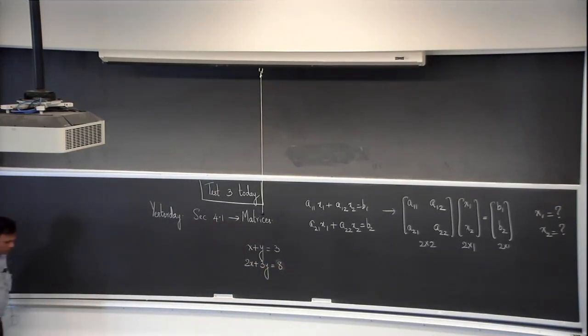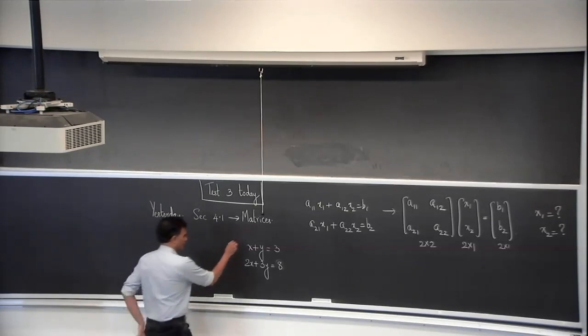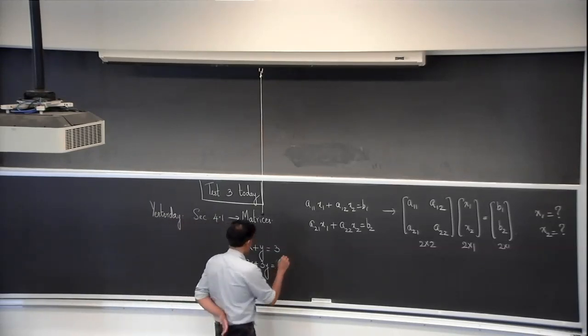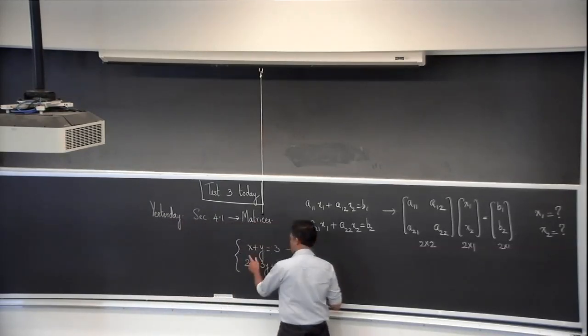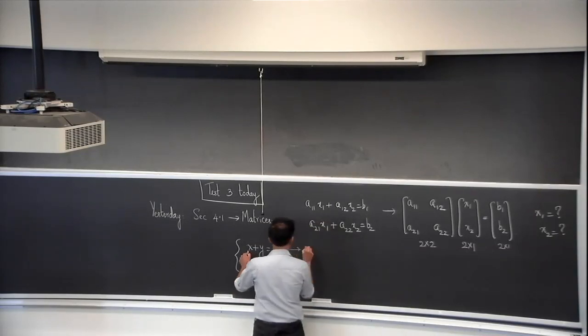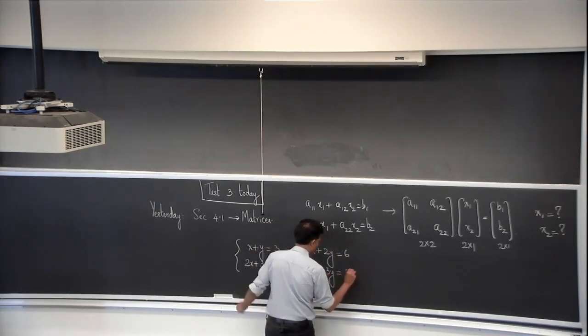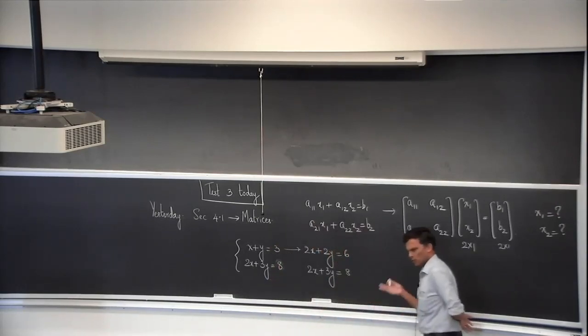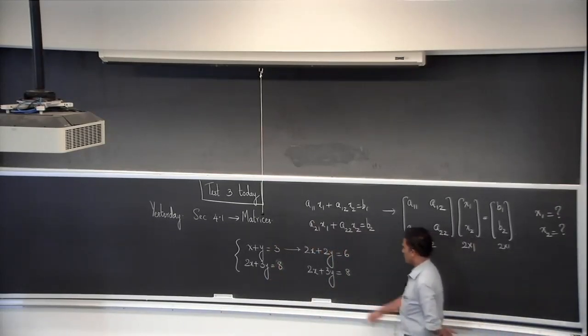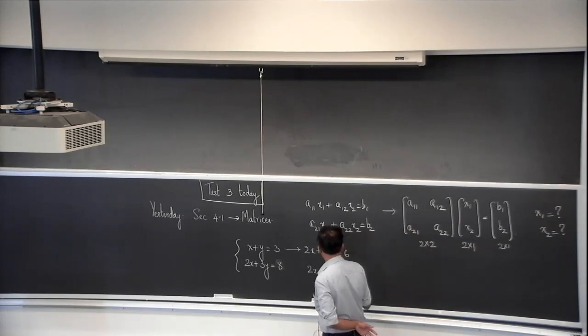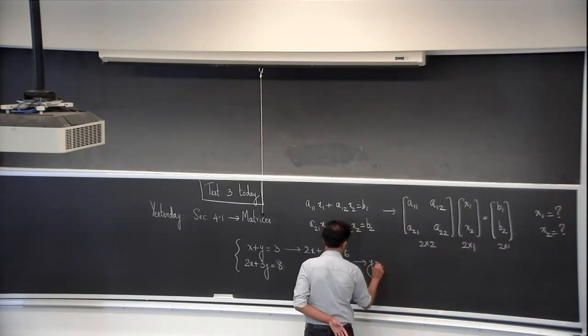All right, so if you're given this system, you don't need any heavy artillery to do this. But most of you have seen this trick of multiplying the first equation by 2 and then keeping the second equation as such. All these are things you do in lower middle school or high school. So multiply the first equation by 2 and then you can subtract these 2 and you get y equal to 2.